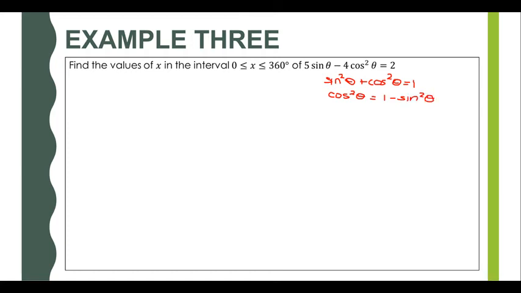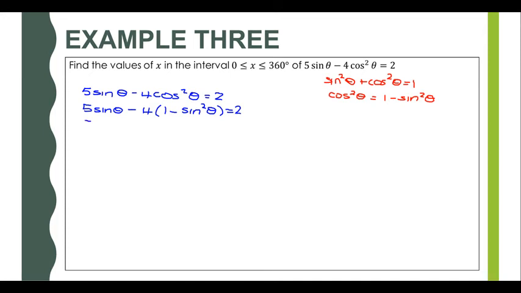I can now substitute this in to that quadratic trig equation. So 5 sine theta minus 4 cos squared theta is equal to 2 becomes 5 sine theta minus 4, and then I'm going to substitute cos squared theta for 1 minus sine squared theta, and that still equals 2. I now have a quadratic equation, so I need to expand and rearrange this until it equals 0 before I can try and solve it.